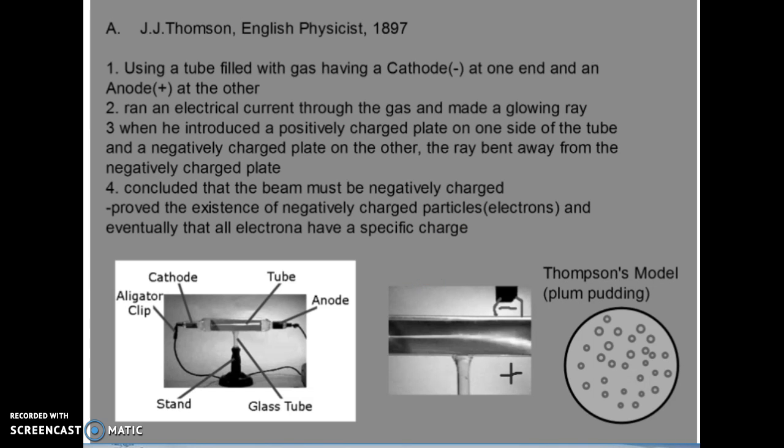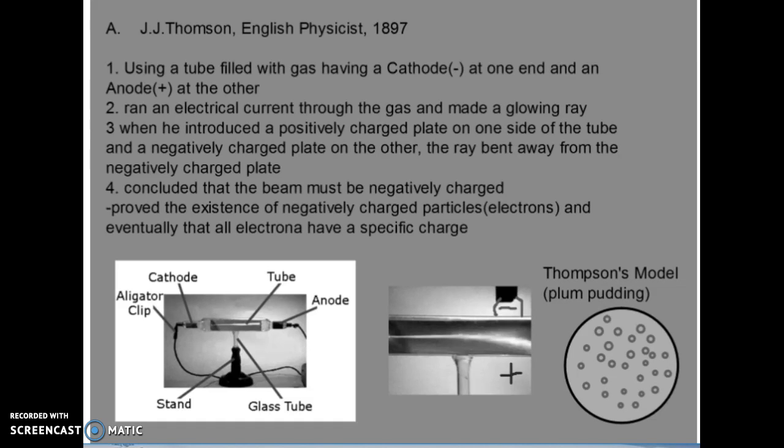Well, he discovered if he put a negative charge near the glass tube, it caused this beam of light to deflect away from the negative charge. If he applied a positive charge, it caused the beam of light to move toward the positive charge.